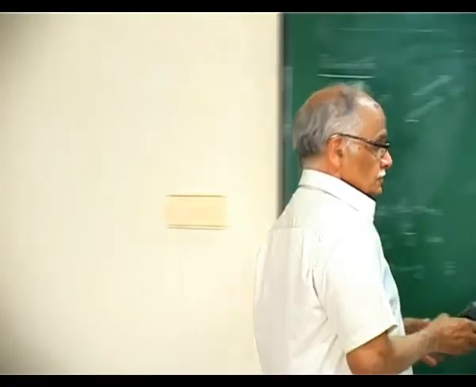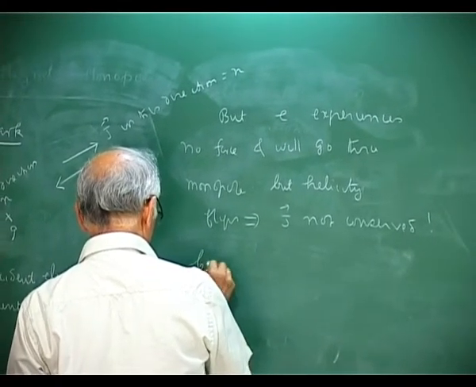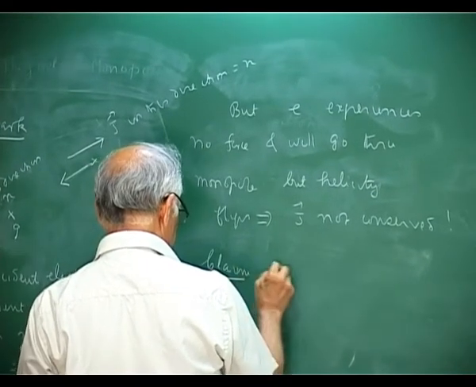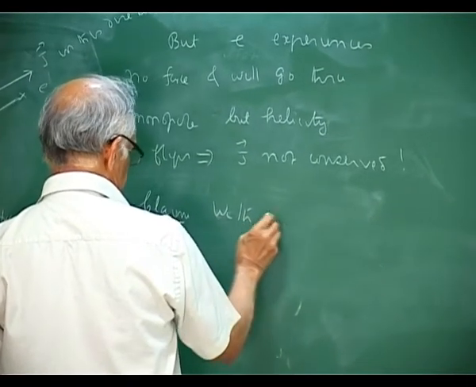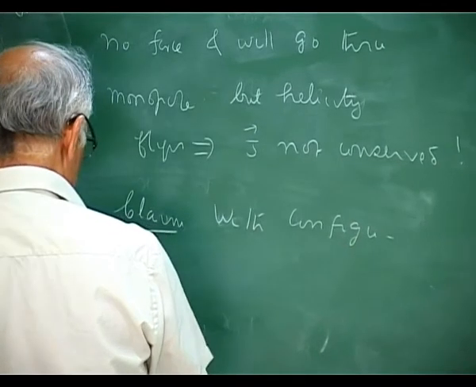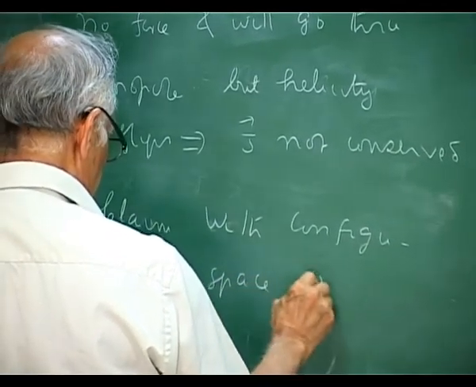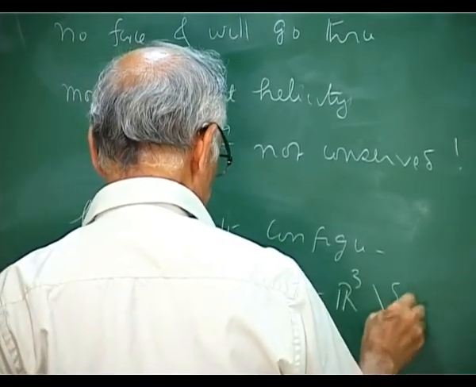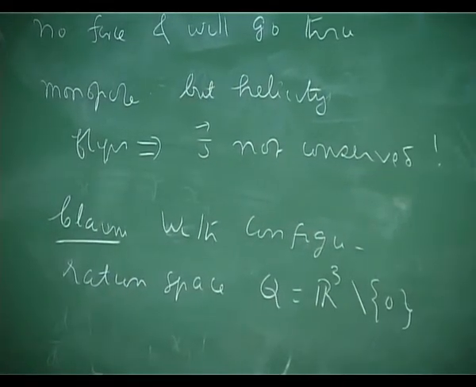So, claim: with configuration space Q, this is R3 with the origin removed, because I am removing the origin in order that the Poisson brackets make sense.